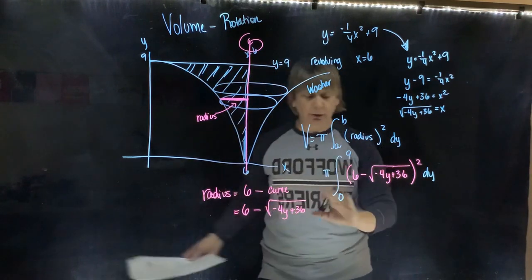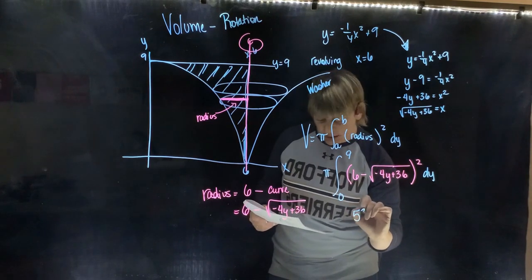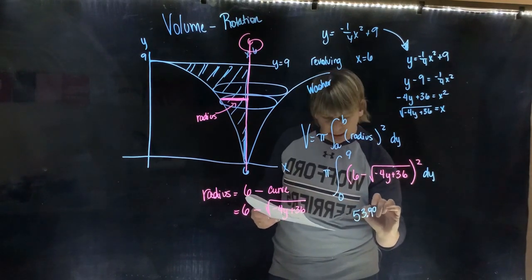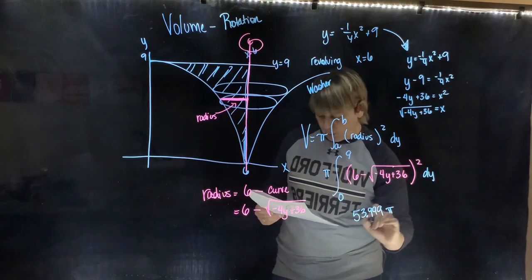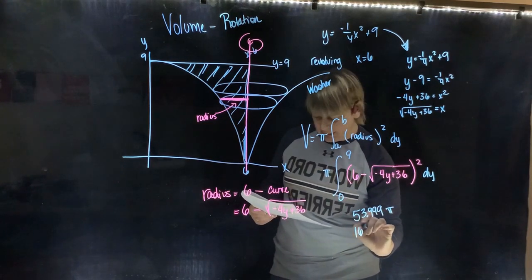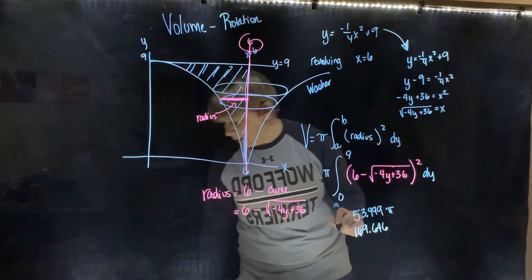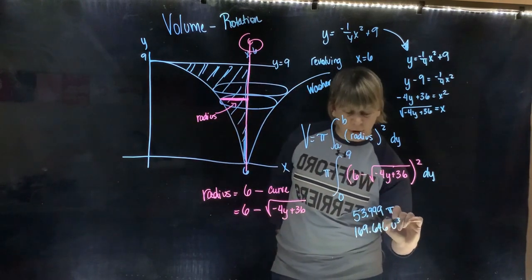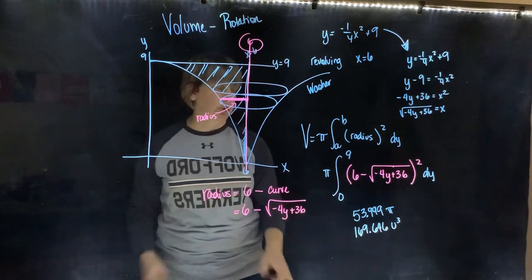So the answer, you can even type it in your calculator and check it out, is 53.999 repeating pi, or approximately 169.646. And if I had some units, this is volume, so it'd be units cubed. I don't have any units, so I just leave it alone.